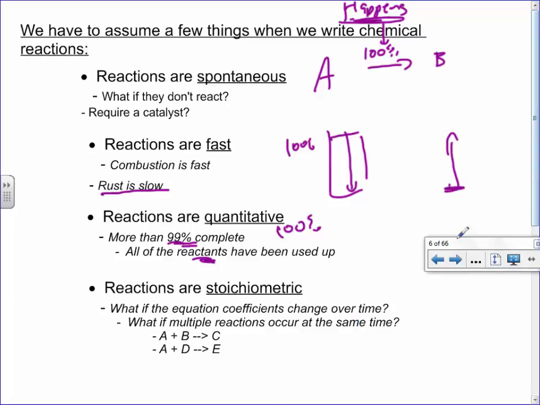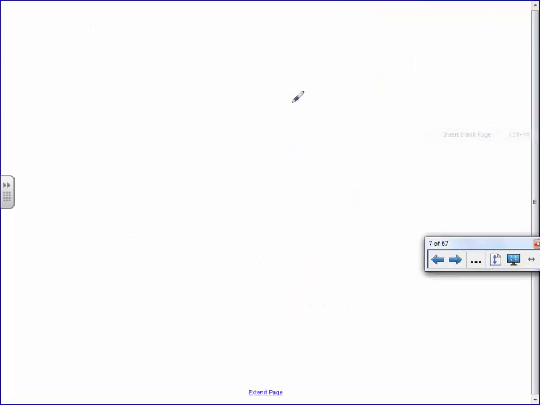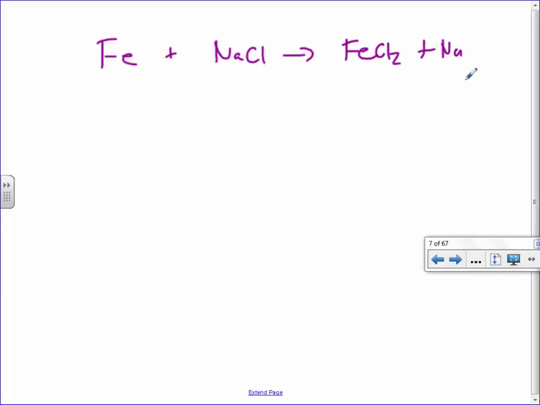I think I can give you another example here while I'm writing stuff out. Okay, this is what I was writing earlier, correct? Ideally, my iron would react with NaCl, and it would form FeCl2 or maybe FeCl3 and form sodium. But what if by accident, I didn't intend for this?